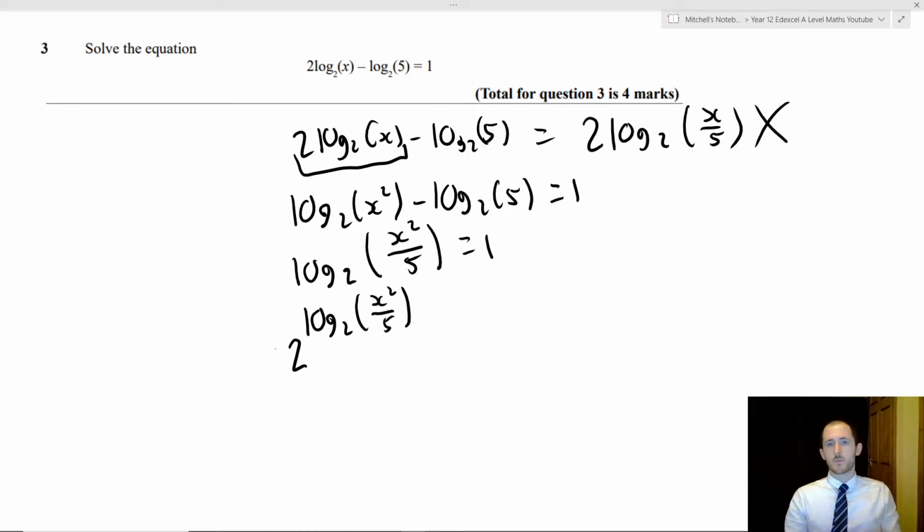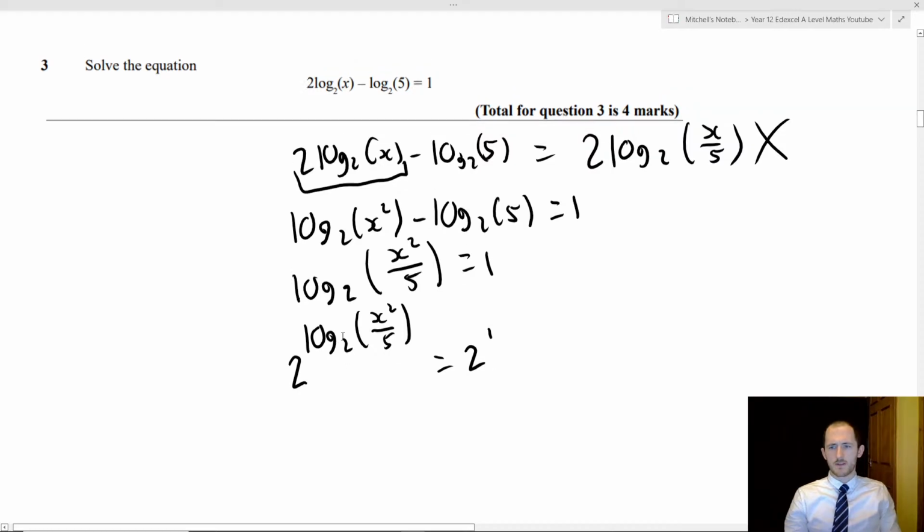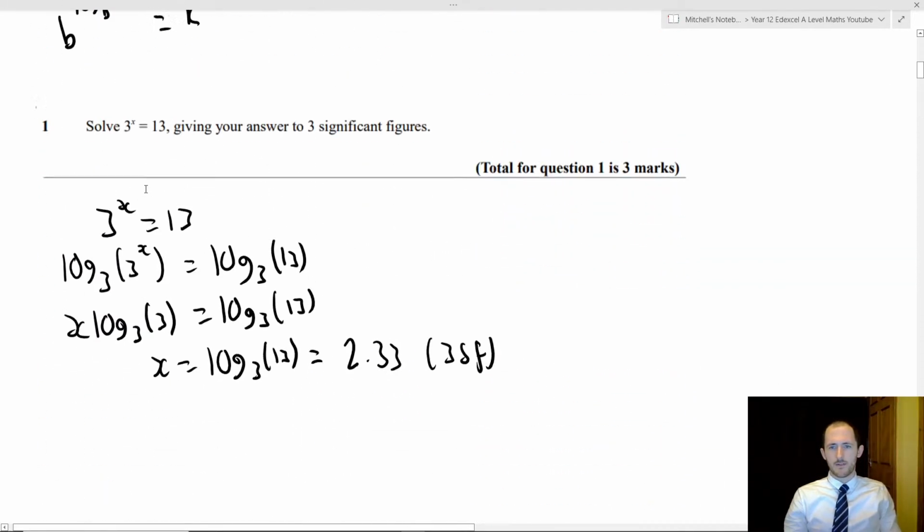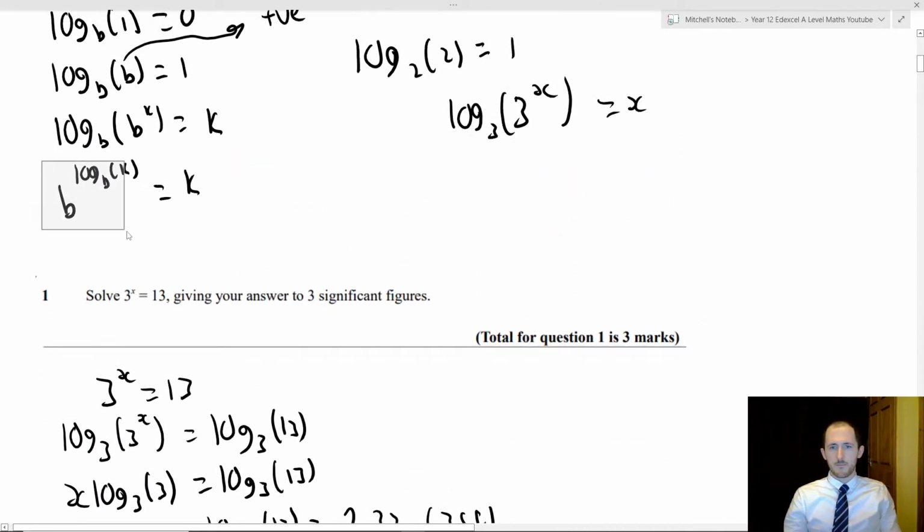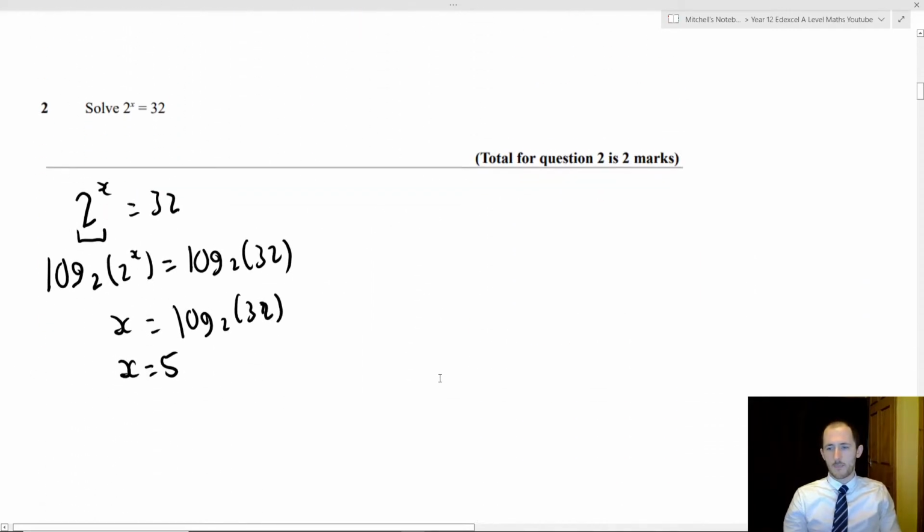I'm only going to do this once, because after this you should know, and again you do that to both sides: you raise everything to the power of 2. With base 2, you raise everything to its own power. If you remember from our rules up here, b to the power of log to the base b just gets rid of the log and the power.